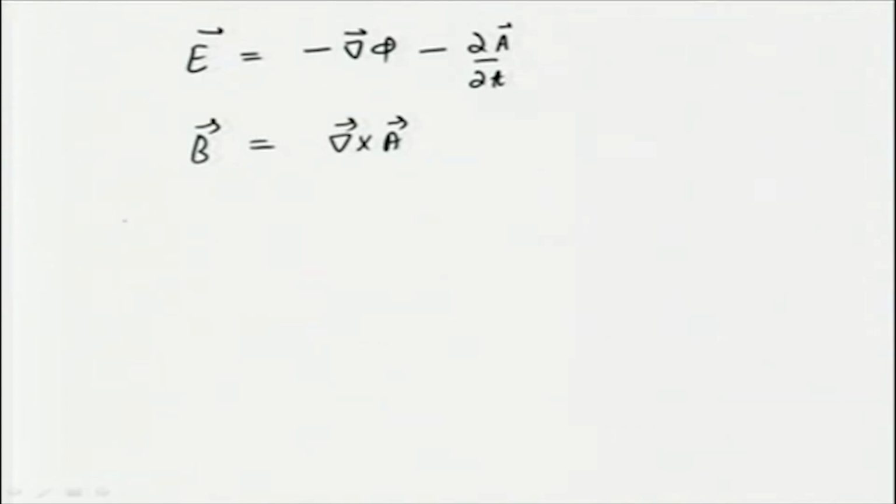Let us denote the electrostatic potential phi and the vector potential A together as a 4 vector. We can call it the 4 vector potential.